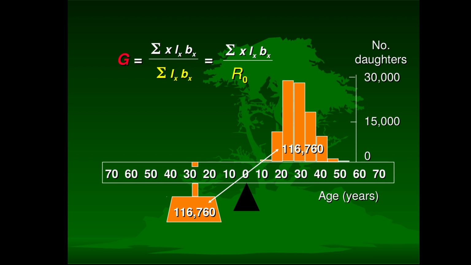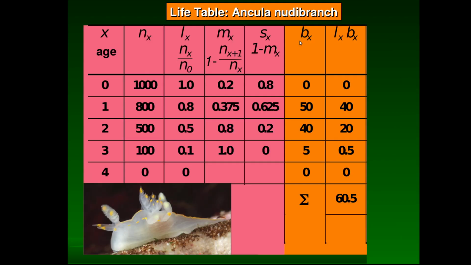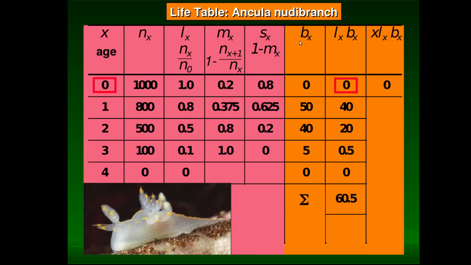So to calculate the mean generation time, we just need another column for the table, a column for this big product here. So let's add it, and we multiply all these things together. And this is, we multiply x by lxbx.